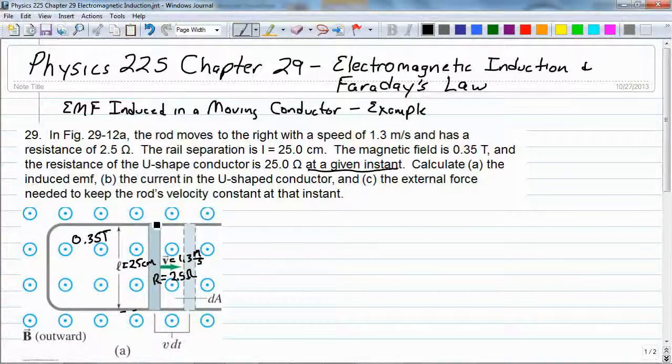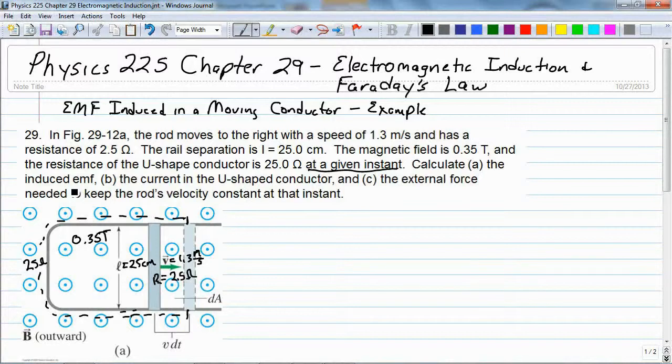So at some instant in time, we'll say here to here, this resistance is 25 ohms.